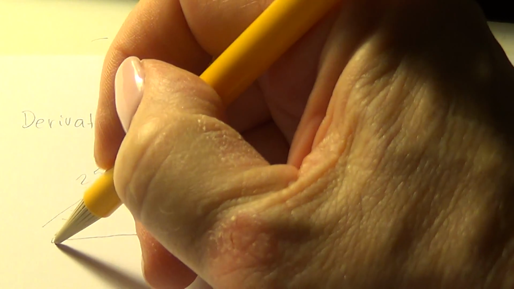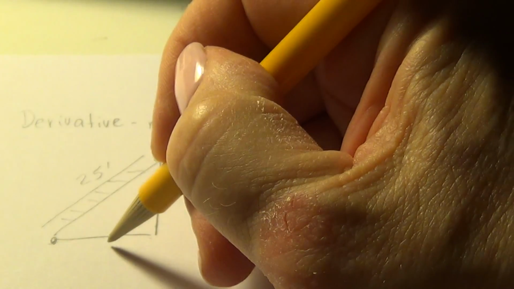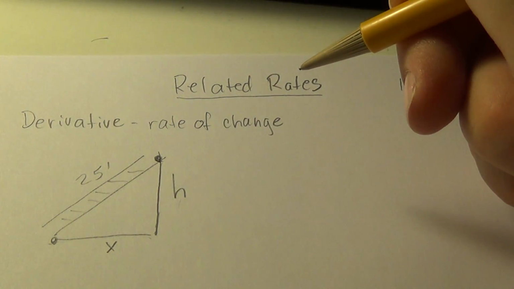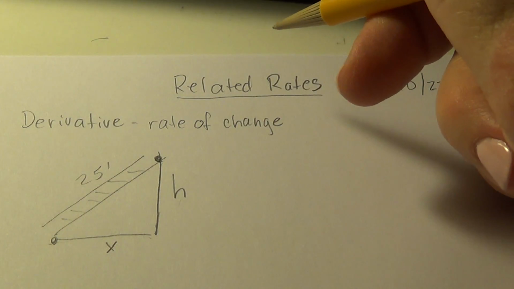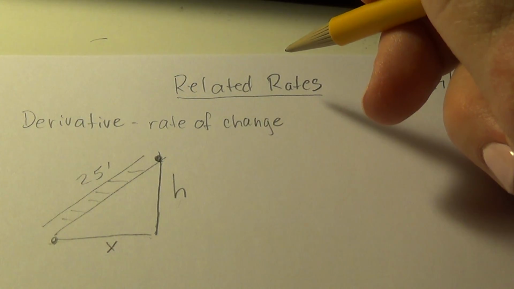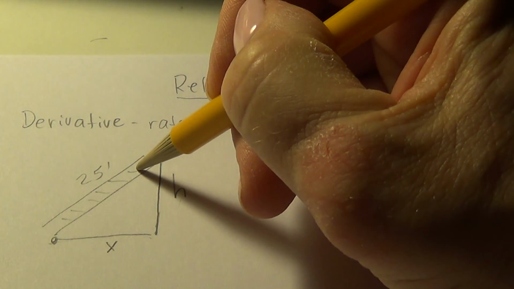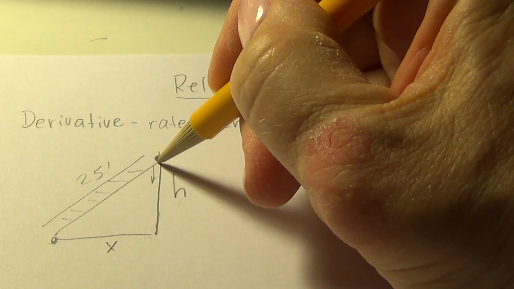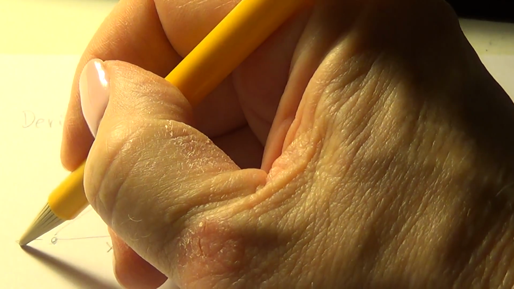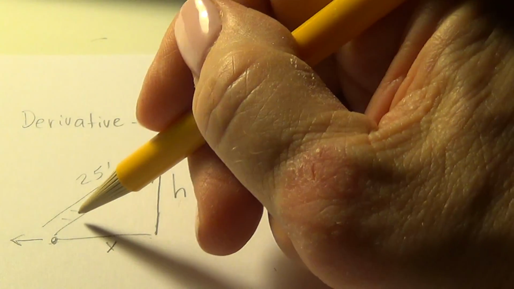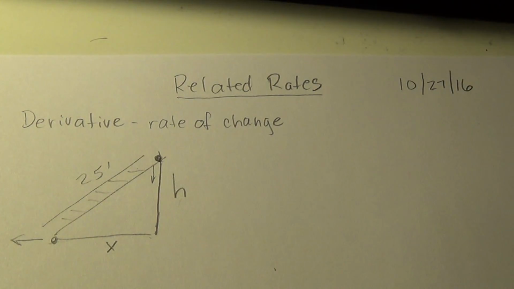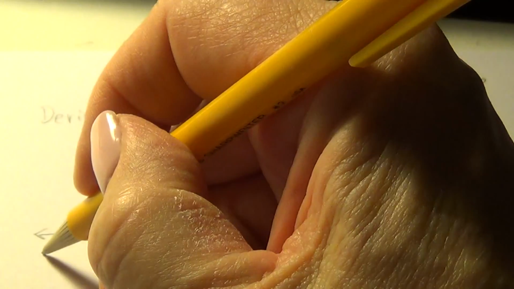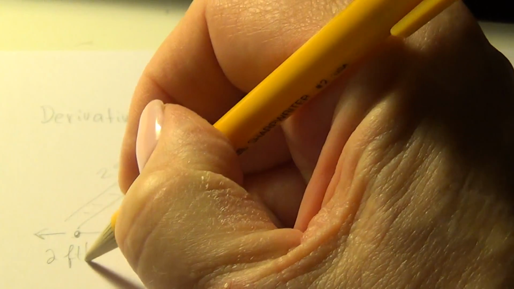And we'll say the base of the ladder is x away from the wall at ground level. And unfortunately, for the person on the ladder, this is falling. It's going to stay against the wall, and this is going to be coming out. And we happen to know that as this disaster takes place, the base is moving to the left here at 2 feet per second.